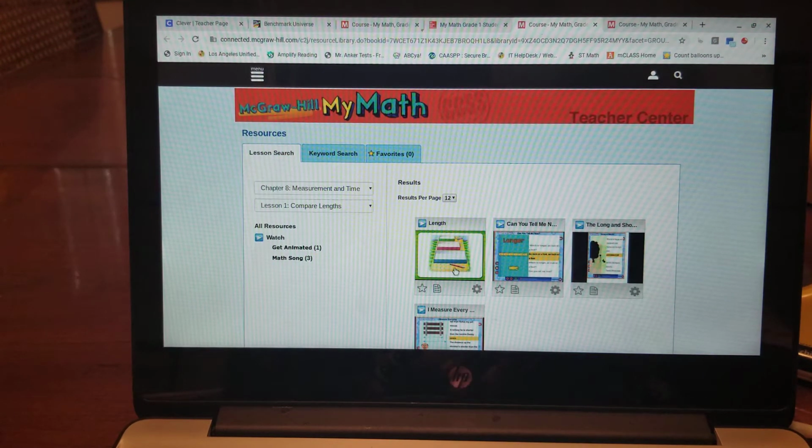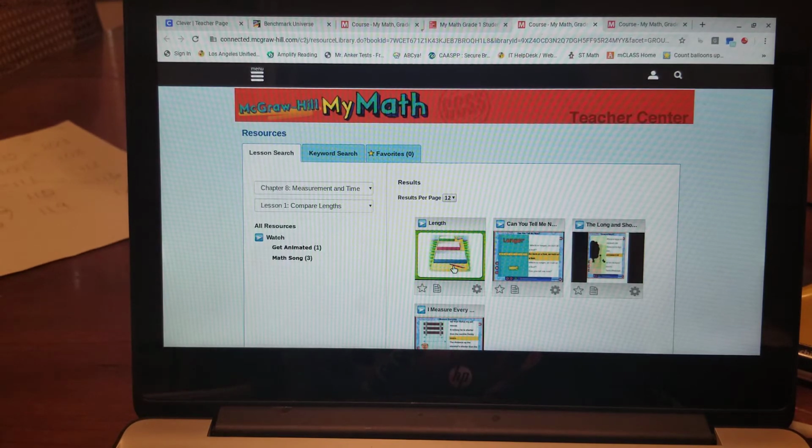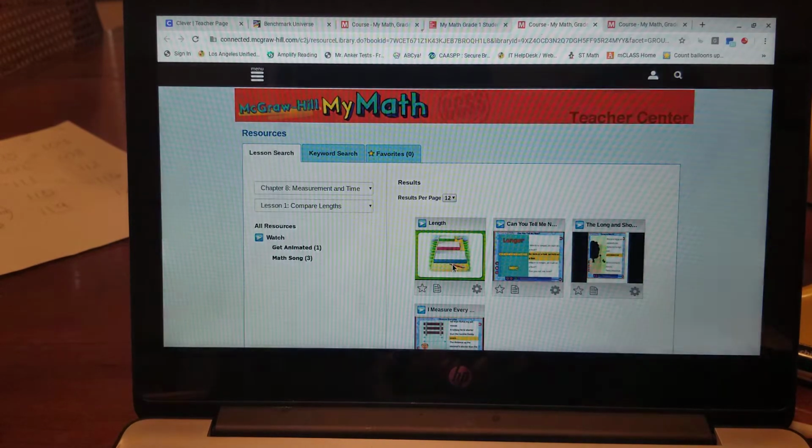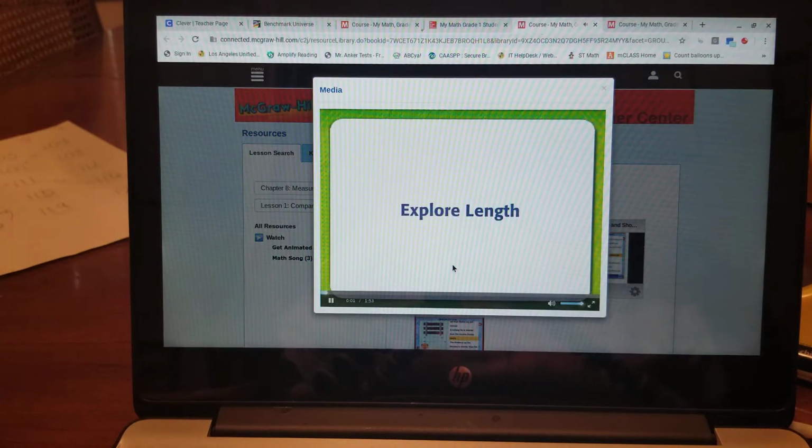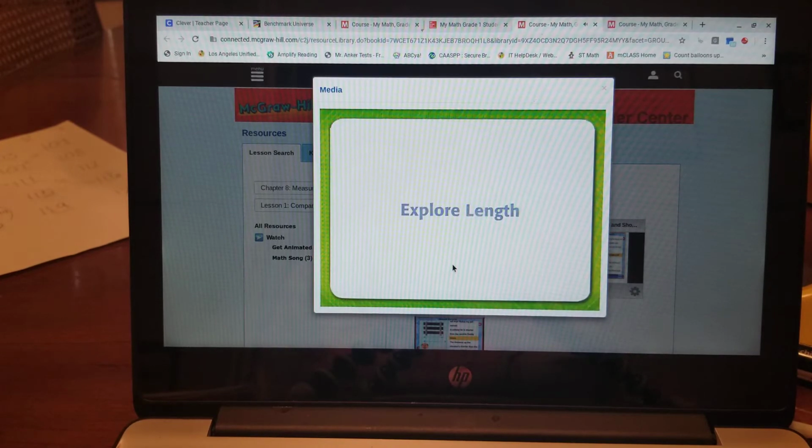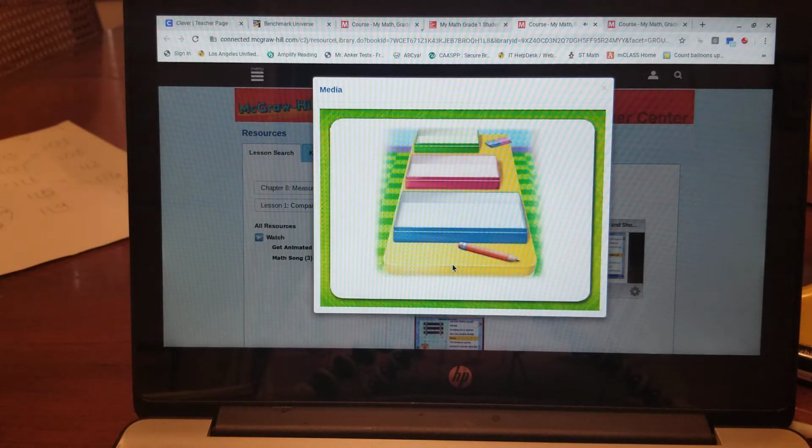Let's look at length. I want you to say that word with me. Length. Length. When we talk about length, we're talking about how long or how short something is. Explore length. Look closely at these 3 pencil boxes.